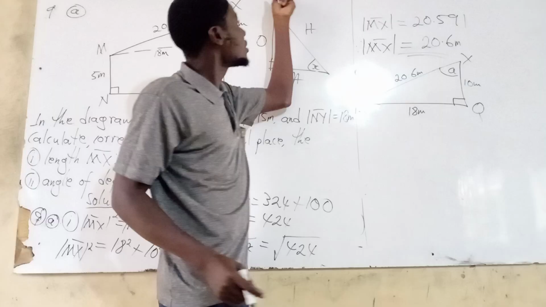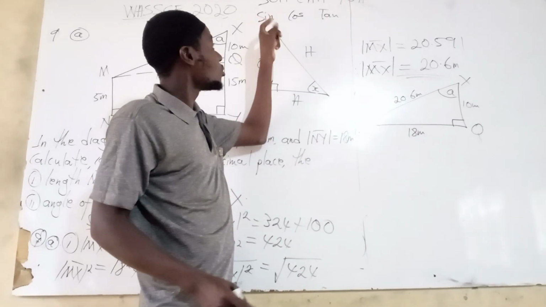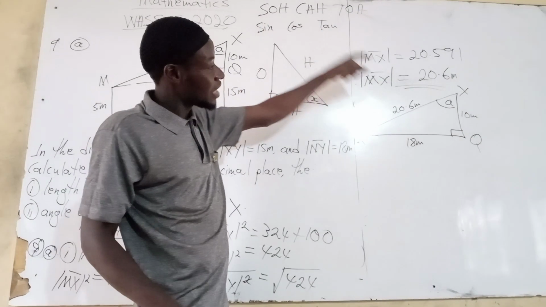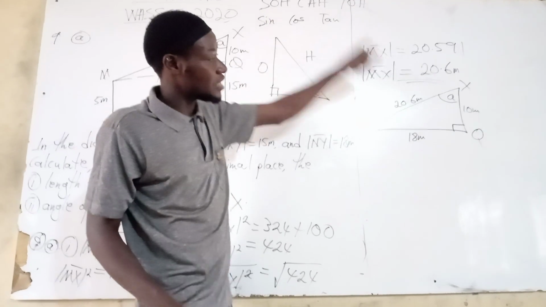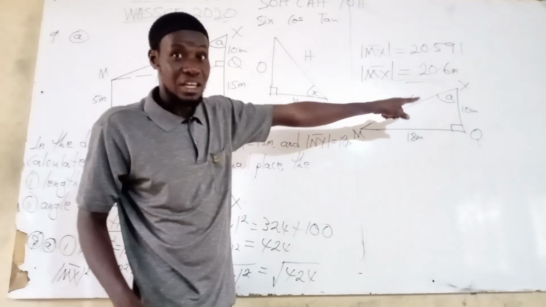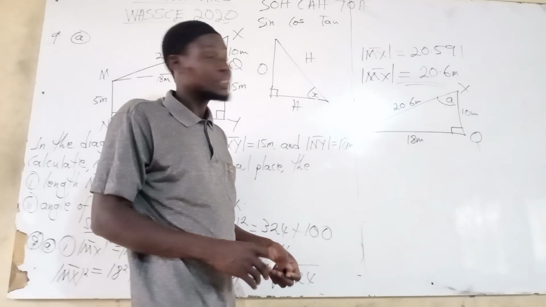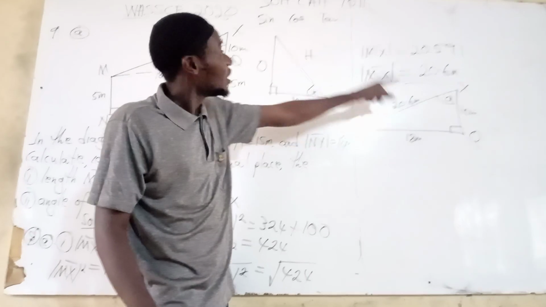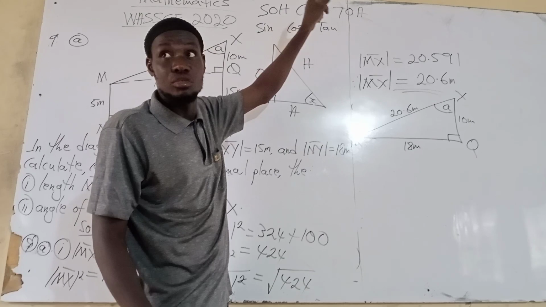Now, choosing the appropriate trigonometric ratio, it will be the sine of the angle A equal to the ratio of the opposite of that angle by the hypotenuse of this triangle. If you choose cos, it will be the cos of the angle A equal to the ratio of adjacent by the hypotenuse.